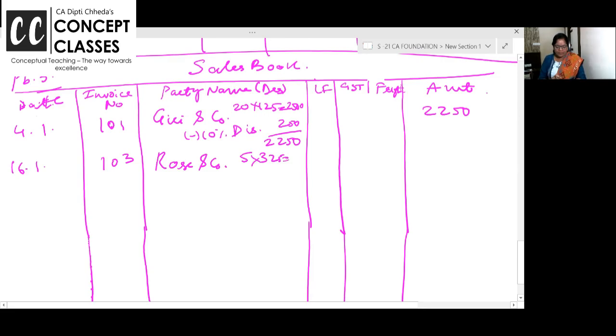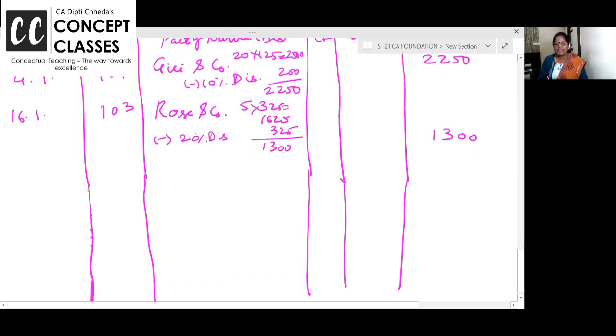How much is it? 5 into 325, 1625. And then discount of 20%. So finally it is coming to 1300. Next. Nice, no? Now next, on 30th of January we have sold 2 tables, that we will not record.